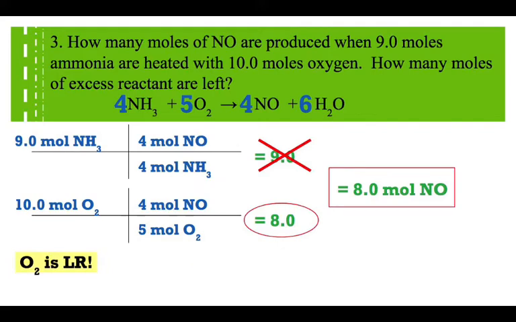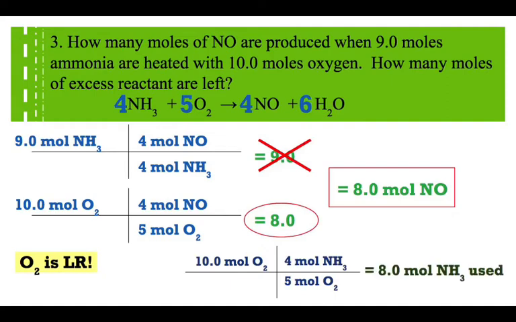So don't just think that it's always going to be the smaller amount of the reactant. You've got to do the math and choose the smaller answer, and that smaller answer is the one that's going to be coming from the limiting reactant. But same process as before, 10 moles of O2, work backwards or kind of sideways to the moles of ammonia that got used up.